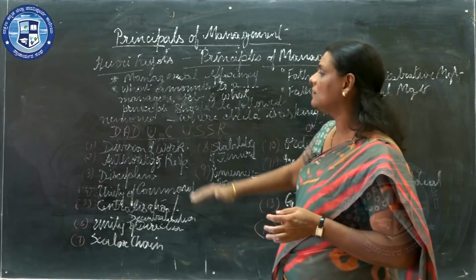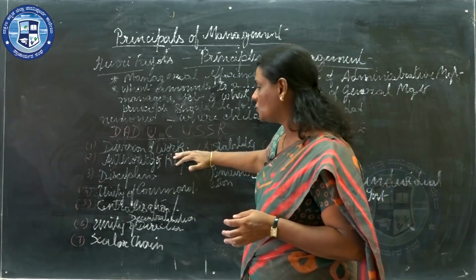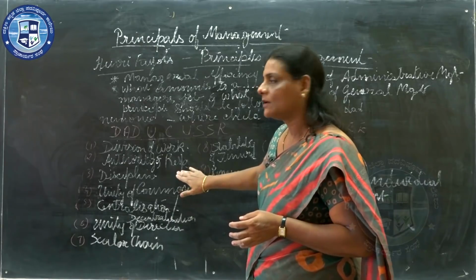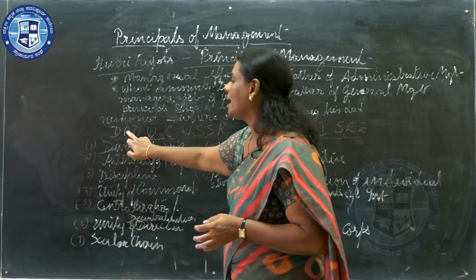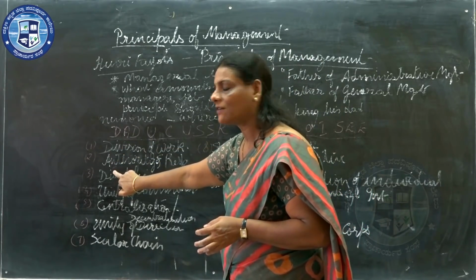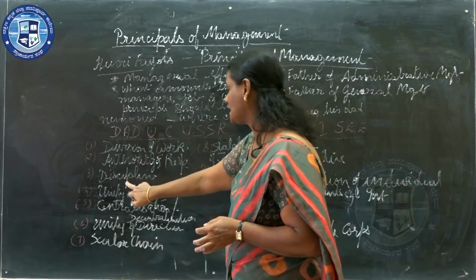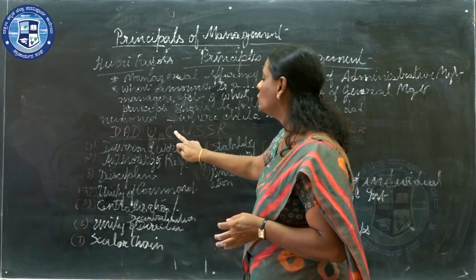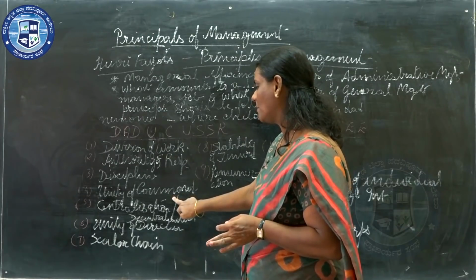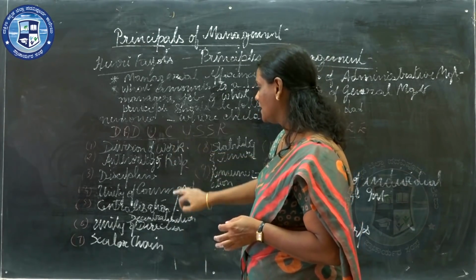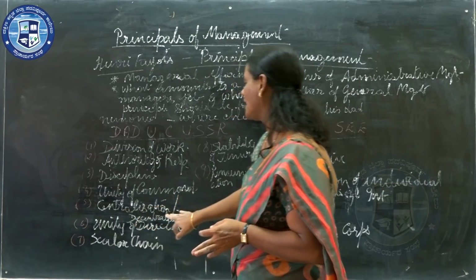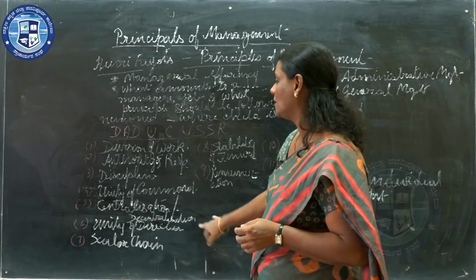It's noted down here, the first one being division of work, the second D stands for authority and responsibility, D stands for discipline, U stands for unity of command. Then you have C, which stands for centralization and decentralization.